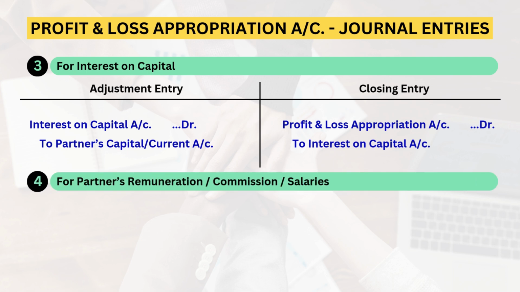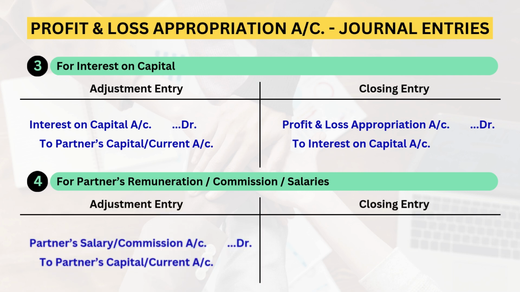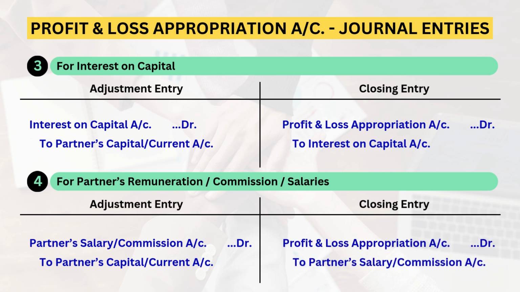For partners remuneration, commission or salary, adjustment entry will be partners salary or commission account debit to partners capital or current account. Closing entry will be profit and loss appropriation account debit to partners salary or commission account. Here we have used capital or current account. What is current account? We shall discuss later.